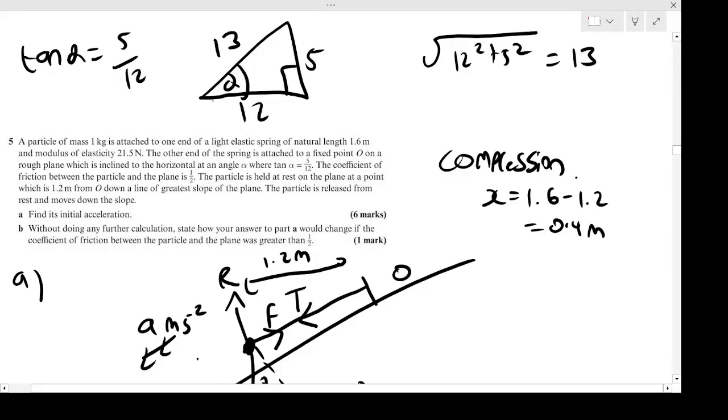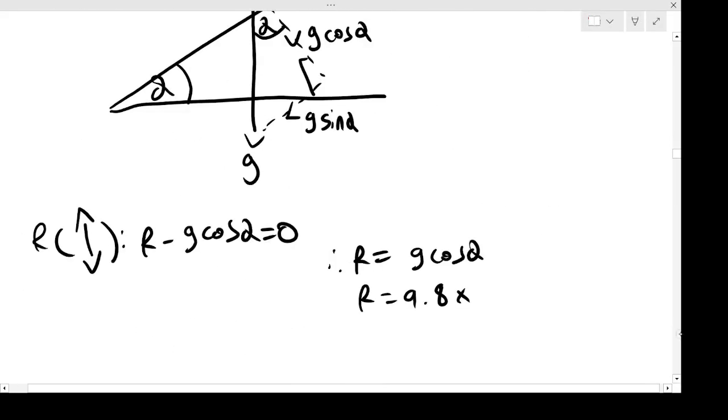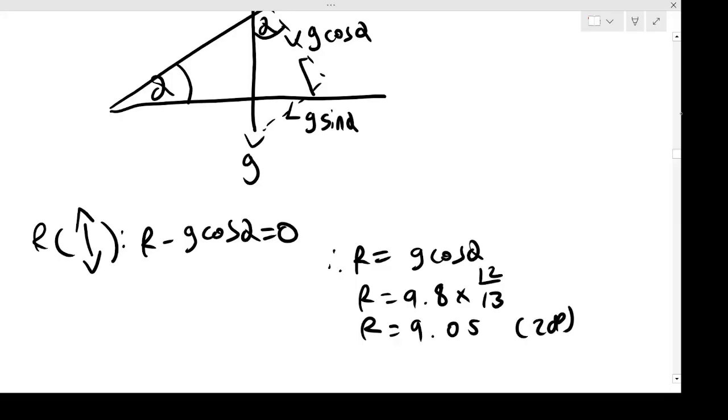So cos alpha is the adjacent 12 over the hypotenuse 13, and sine alpha is the opposite 5 over the hypotenuse 13. We know cos alpha is 12/13, so we can times by 12/13 here, which gets me R to be 9.05.